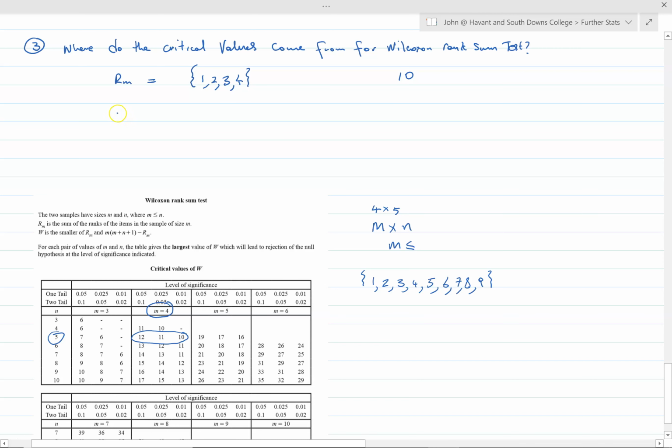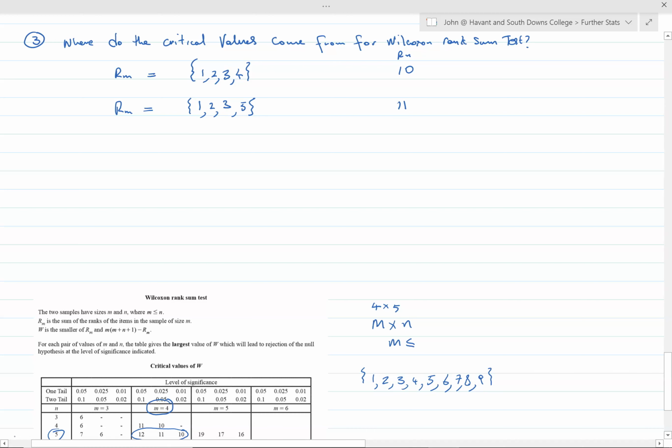If, on the other hand, we have all of them but one in the group of 4, so that the fourth smallest number is in the other group, but all the others in the group of 4 are smaller, that will give us an RM value of 11.